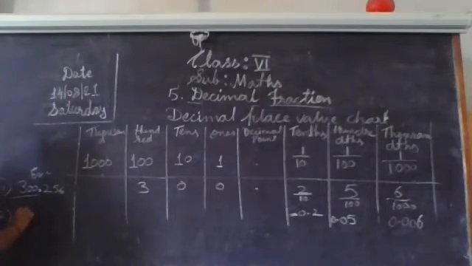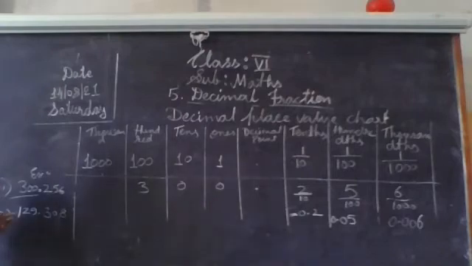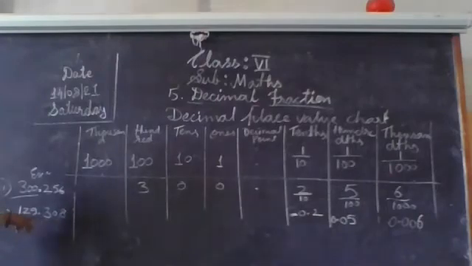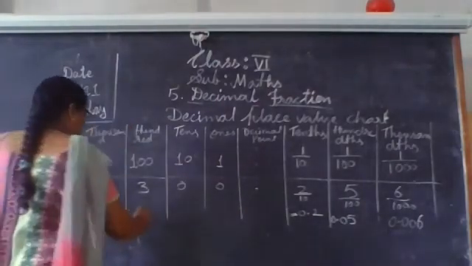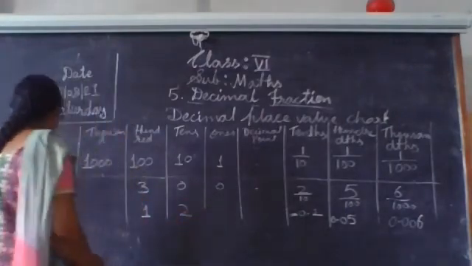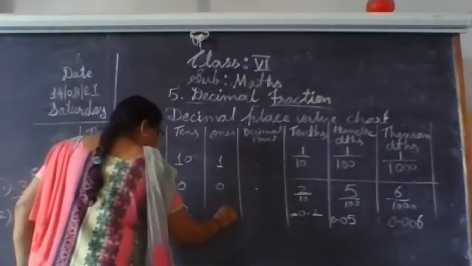129.308. So 129 is 1 hundred, 2 tens and 9 ones.